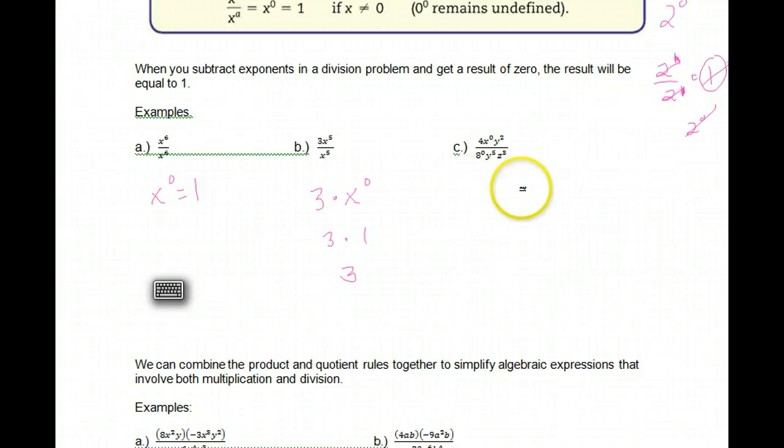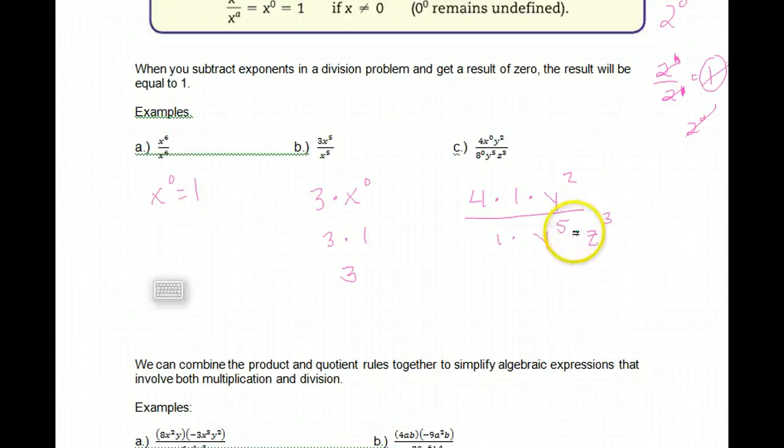And then the next part, as we're moving through here, this becomes 4 times 1 times y squared over 1 times y to the 5th times z cubed. So there was a lot of simplifying that happened right there in that step, and we can continue to move on.